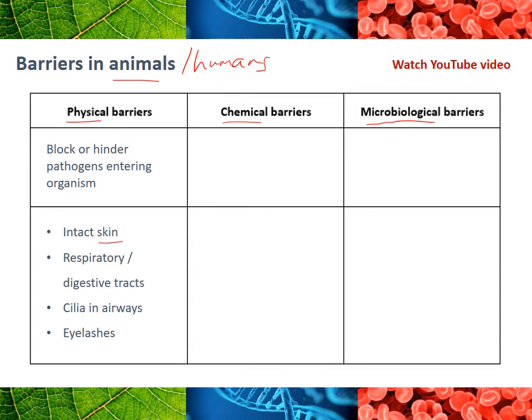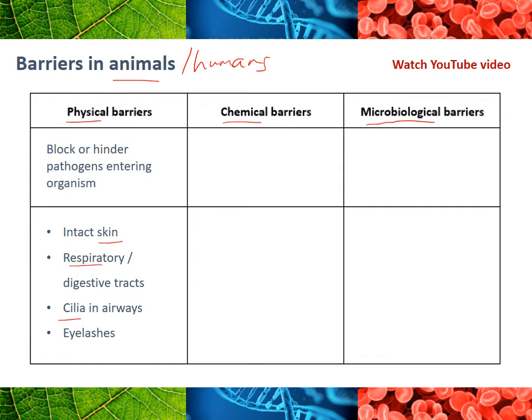Things like the lining inside the respiratory and digestive tracts. So if you think about it, technically there's nothing between the outer environment and the inside of your lungs. You know, that's a tube airway. So the lining in there is what stops things going into your blood and your tissue.